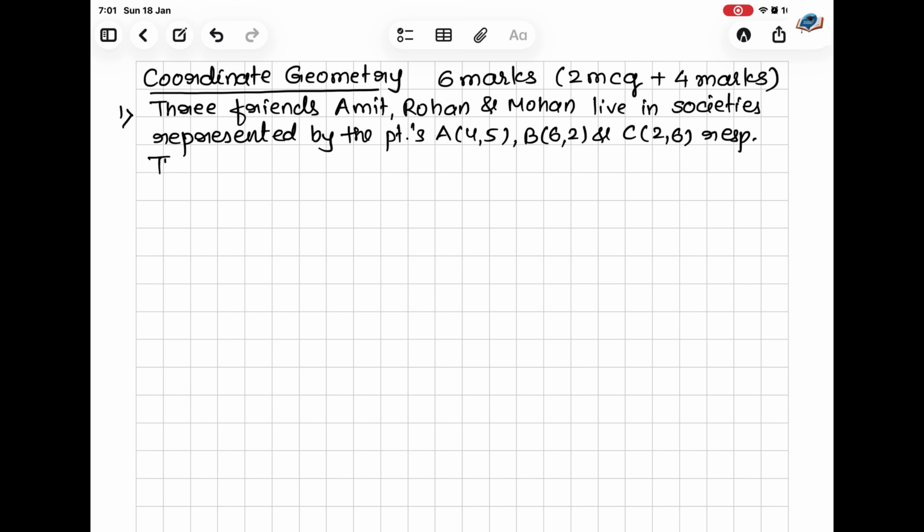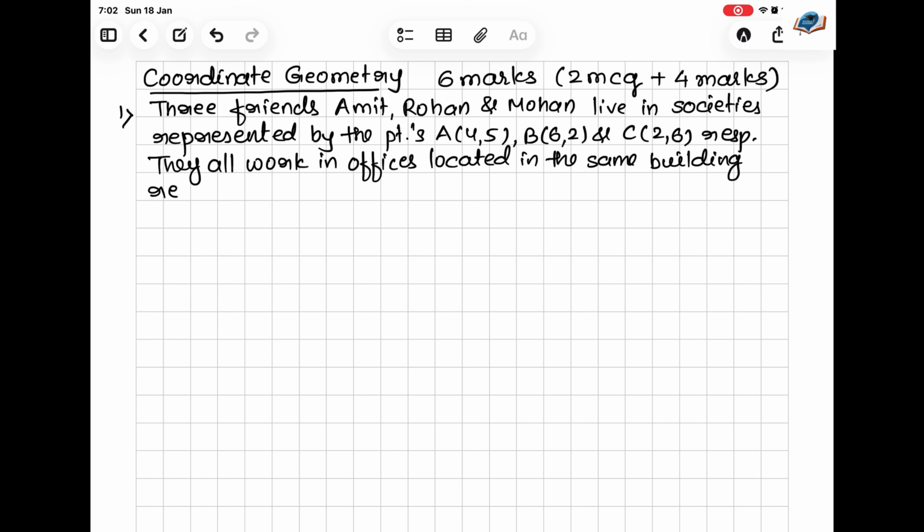They all work in offices located in the same building represented by the point O (0, 0).